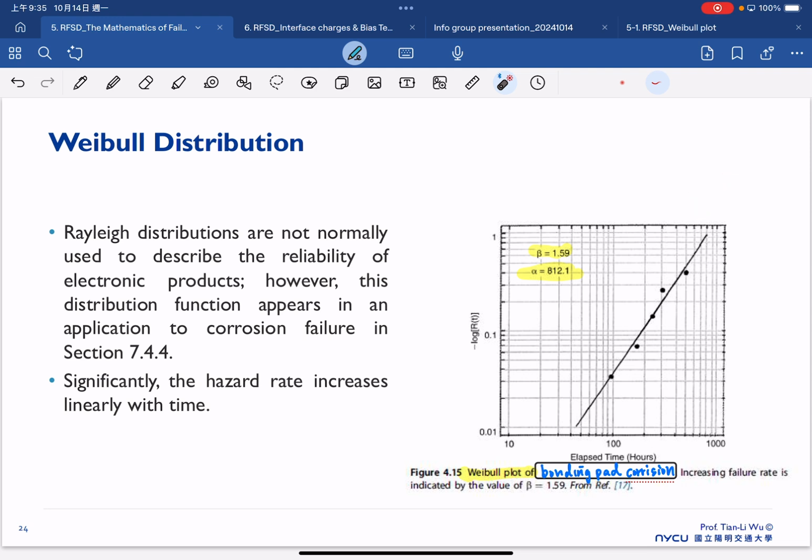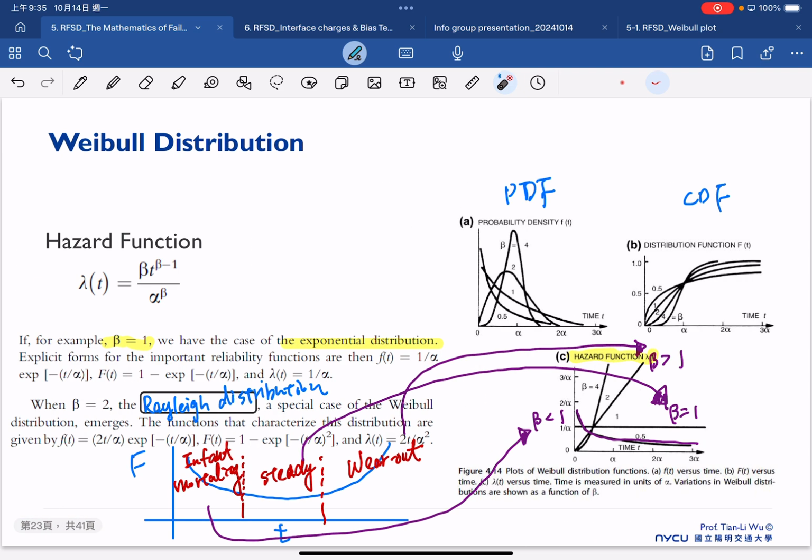And here is some more information related to what we discussed last week. First, last week we also talked about this specific case, what we call the Rayleigh distribution, where beta is equal to 2. Beta equal to 2 means our failure rate, our hazard rate, increases linearly with respect to time.